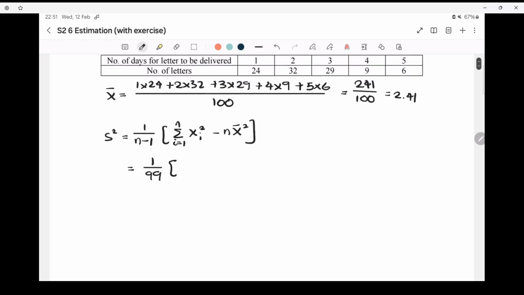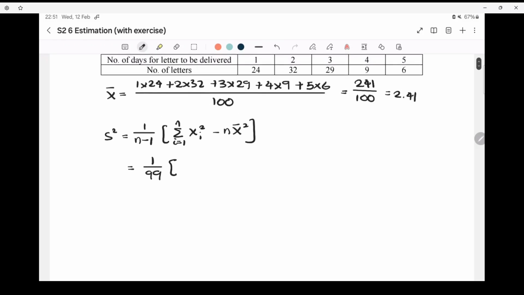The sum of xi squared, basically what you did is 1 times 24, 2 squared is 4 times 32, 3 squared is 9 times 29, 4 squared is 16 times 9, 5 squared is 25 times 6. So this is the sum of xi squared, minus 100 times your 2.41 squared. So this is what you need to calculate.